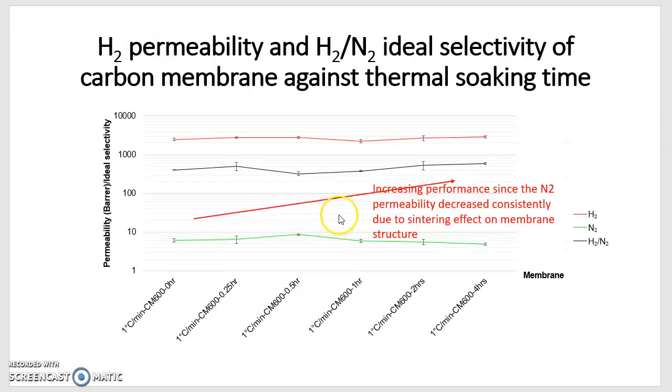So far, we have identified that the best pyrolysis temperature and heating rate are 600 degrees Celsius and 1 degree per minute respectively, where the plot here shows that increasing thermal soak time decreases the nitrogen permeability significantly, but the hydrogen permeability remains almost constant, thus increasing the hydrogen-nitrogen ideal selectivity. This might be contributed by the sintering effect on the membrane structure that slightly reduces the pore size.